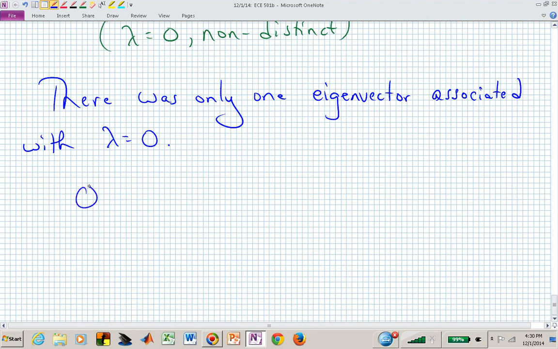We could say that another way: the dimension of the null space of A minus lambda I, with lambda being 0, raised to the first power, was just one-dimensional.